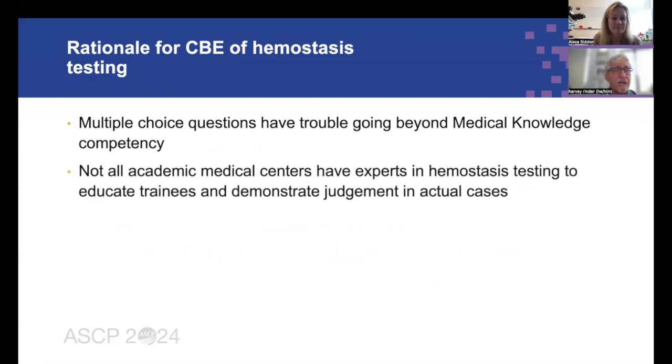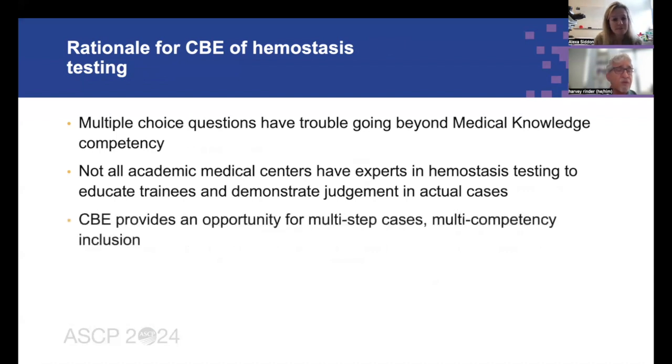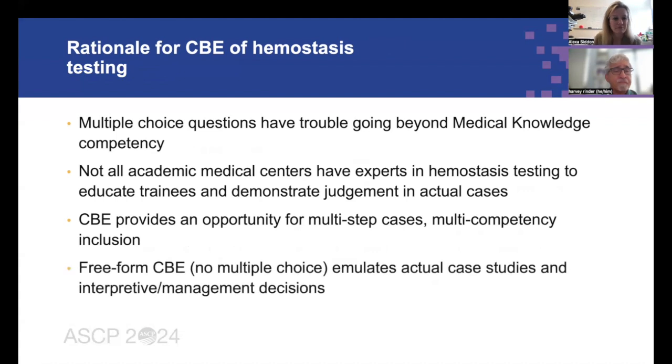Not all academic medical centers will have experts in hemostasis testing to educate the trainees and to have those trainees demonstrate judgment in signing out actual cases. So CBE provides an opportunity for multi-step cases, multi-competency inclusion. And if we make it a free-form CBE where there's no multiple choice, it can actually emulate real cases and interpretive management decisions.